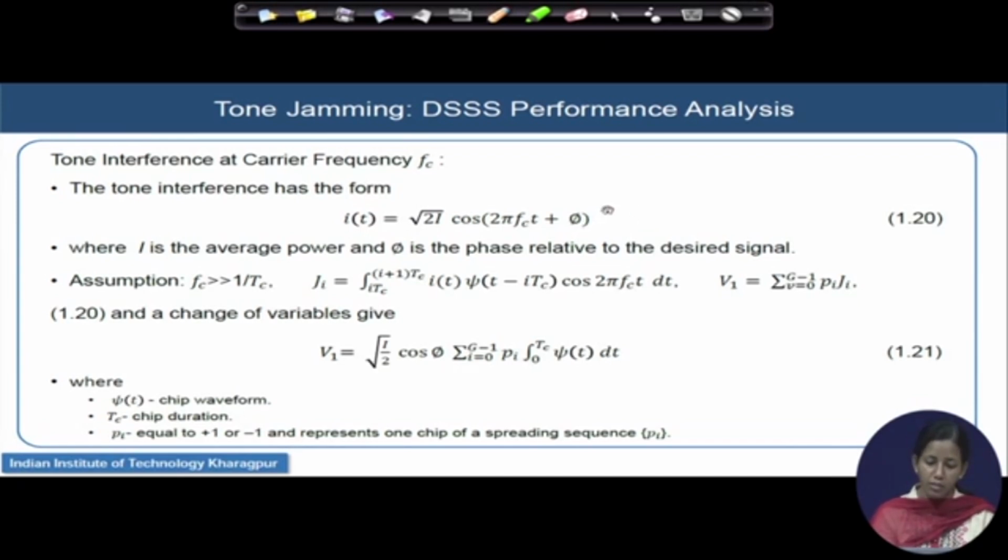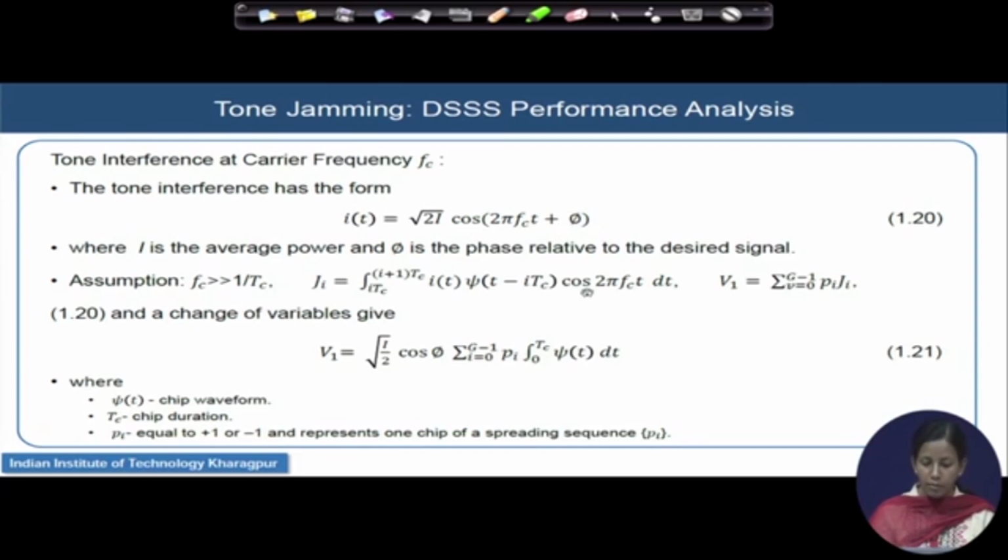So, it has some phase offset with respect to the desired signal, denoted as phi. If this is the situation, and if the assumption holds that the carrier frequency is too high compared to the chip rate, then we can compute Ji from the earlier equation that I showed in the earlier slide by substituting the value of IT from equation 1.20.